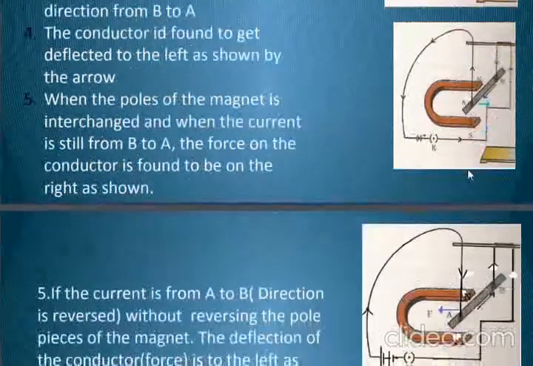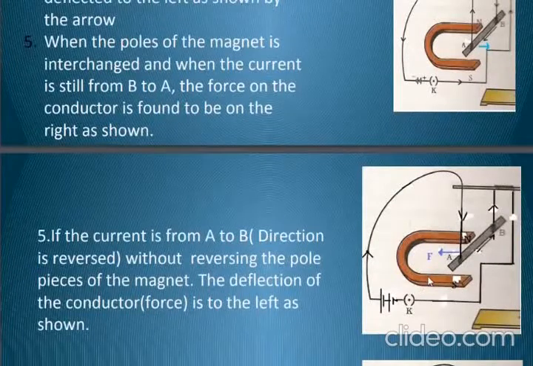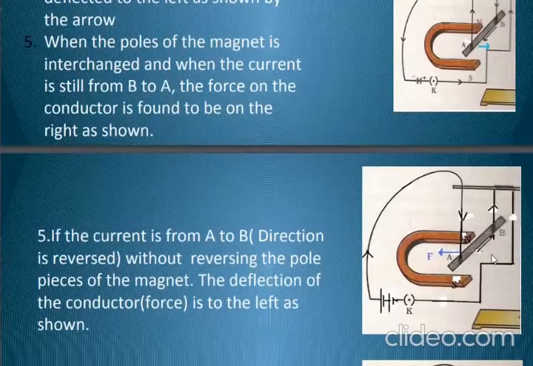Now in this section, we will fix the polarity of the magnet, but will change the direction of current. Still you will see that the force acting on the conductor would change.